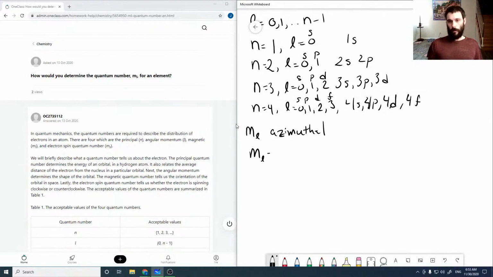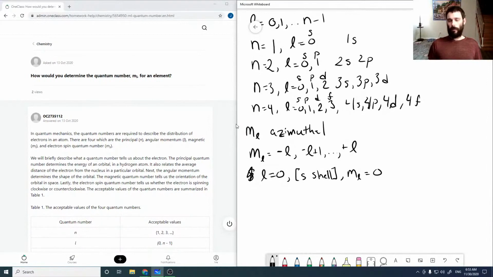So ML is minus L up to plus L. So it takes on every value from minus L to plus L. So in an S subshell, L equals 0, ML equals 0.